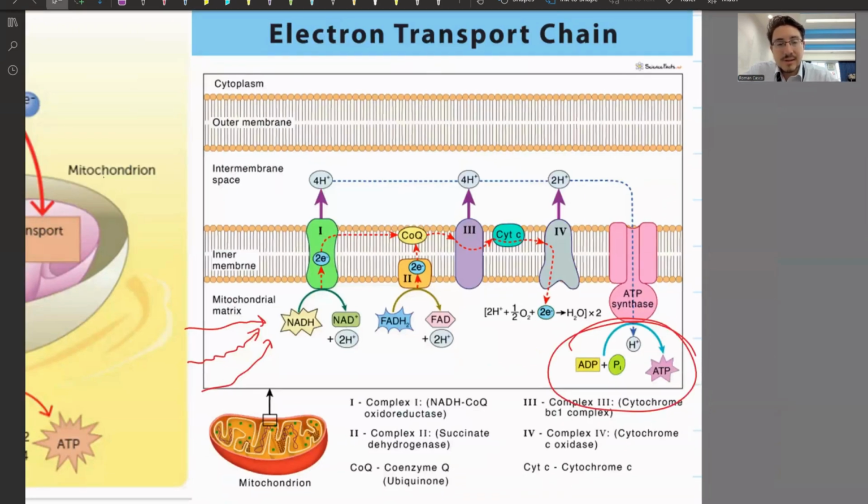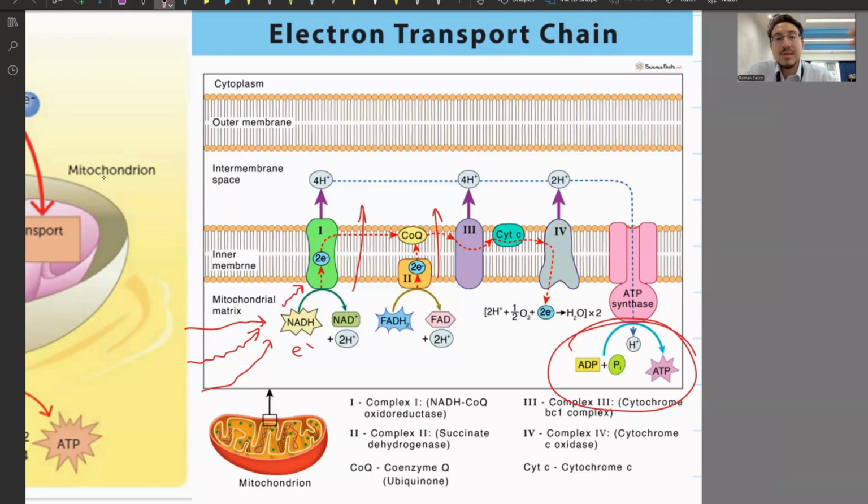So if you take a look, the NADHs that are bringing these electrons, right? They're carrying their electrons, they're providing it to this complex of proteins. And as these electrons are jumping from one to another, they're letting hydrogen pump into this intermembrane space, right?